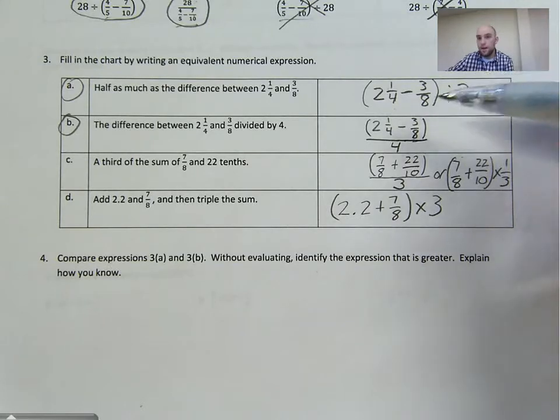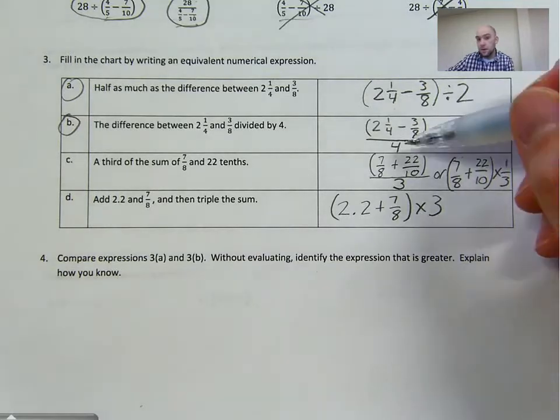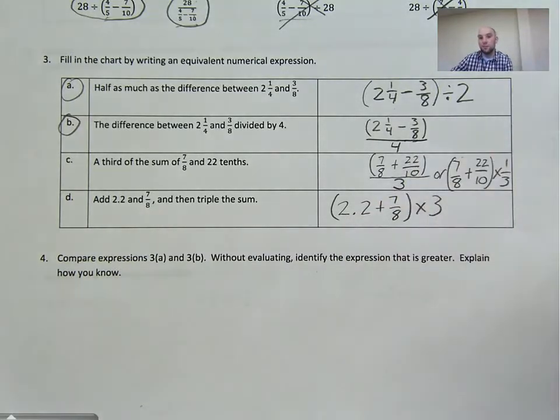Well, a number divided by 2 is going to be greater than a number divided by 4 because I'm splitting into less groups. I'm not splitting it up as many times. And if I divide by a bigger number or a greater number, then I'm going to end up with a smaller quotient.